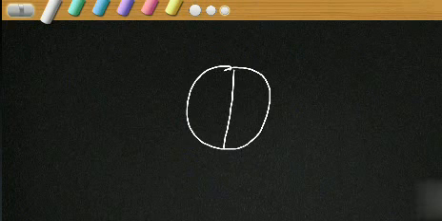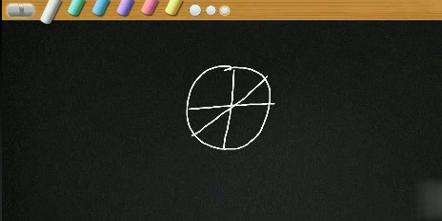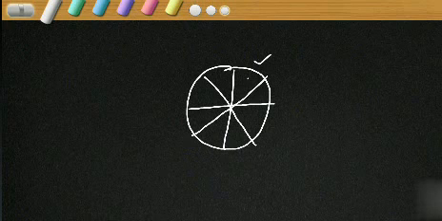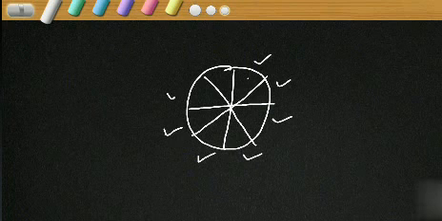Can you say the fraction corresponding to this figure? I am going to draw one figure here. Suppose this is a circle. I can't draw the circle properly on this digital screen, please pardon. We divide this circle into how many equal parts? 1, 2, 3, 4, 5, 6, 7, 8.